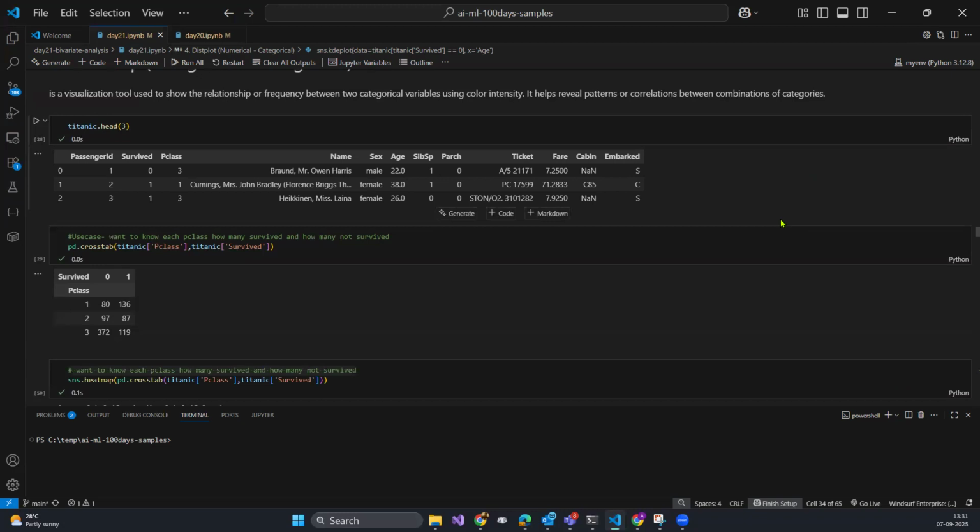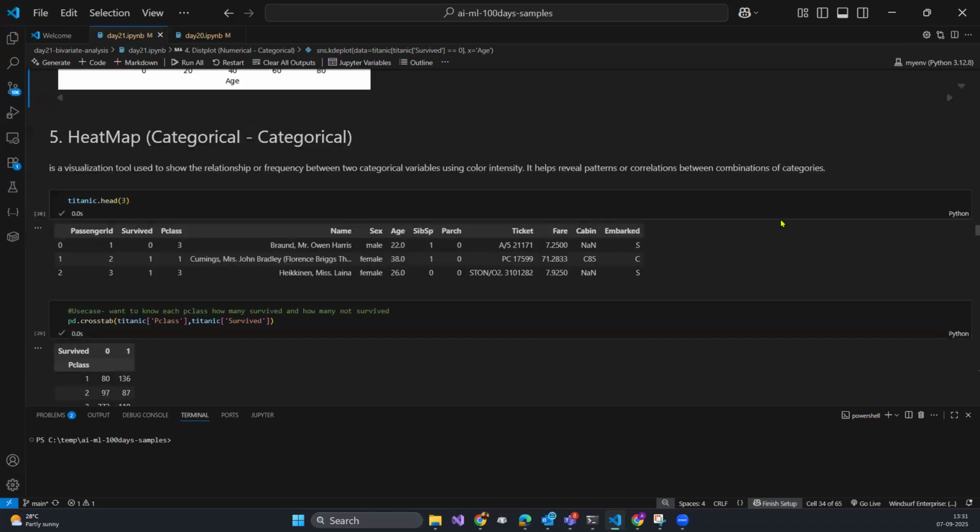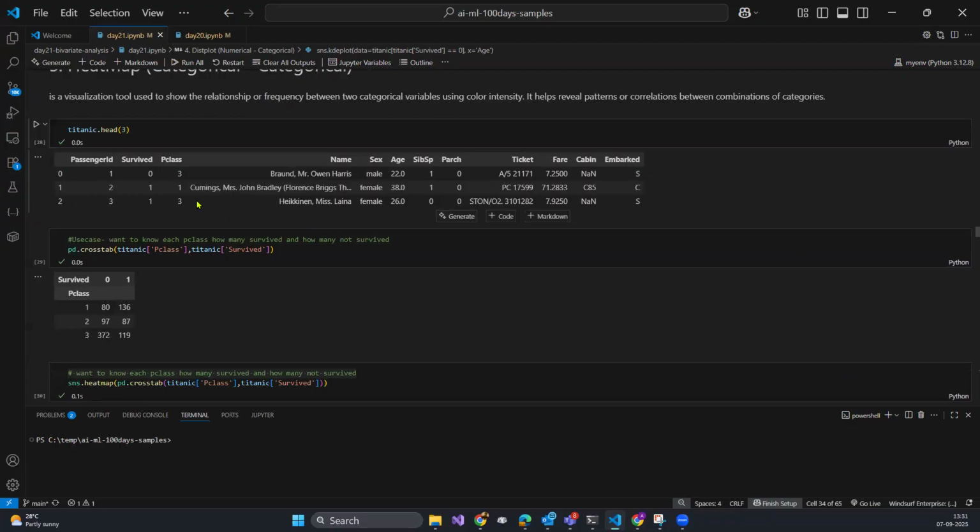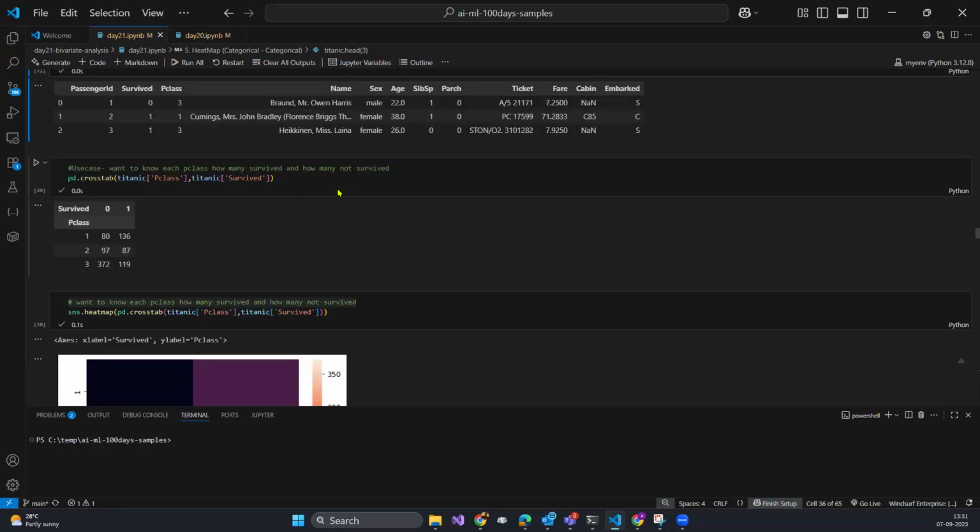If we are using two categorical columns, it will show the correlation between those combinations of categories. So here again, this is the Titanic dataset, right?